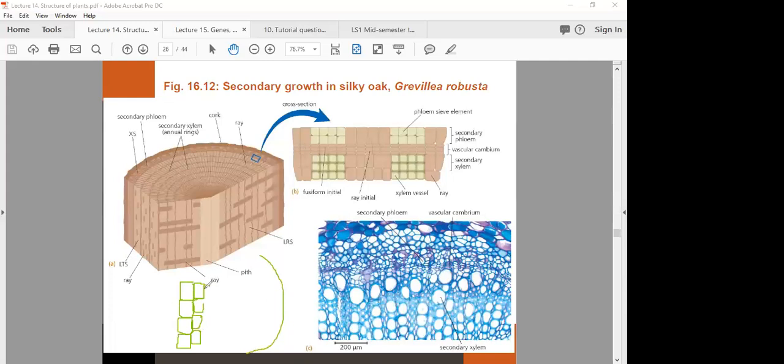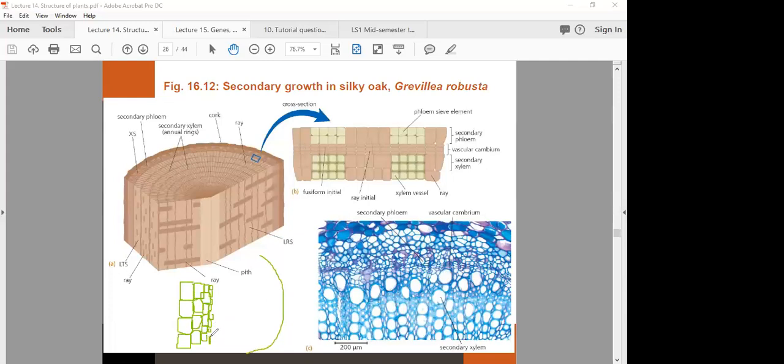Then towards the end of the growing season, temperatures start dropping, the days become shorter, maybe there's water deficits, nutrient deficits. So now the cells get smaller and smaller with thicker walls towards the end of the growing season.